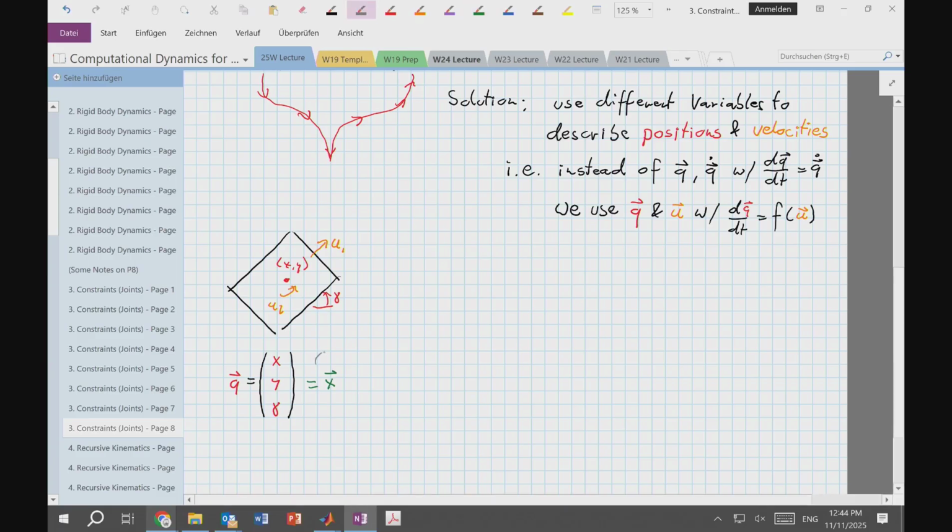I just said that, so we have no constraint on position. How about velocities, right? So we say dq dt, the change of my q's, is equal, of course, we get x dot, y dot, gamma dot.